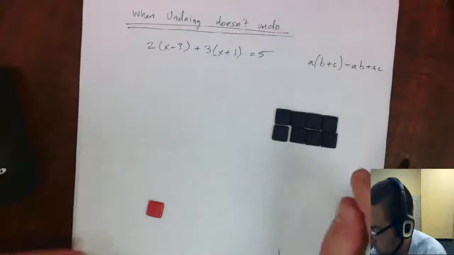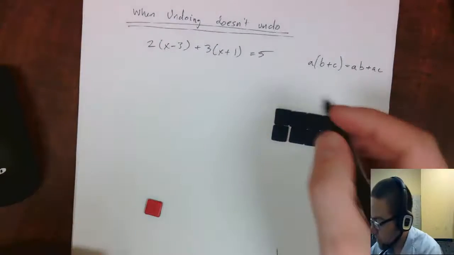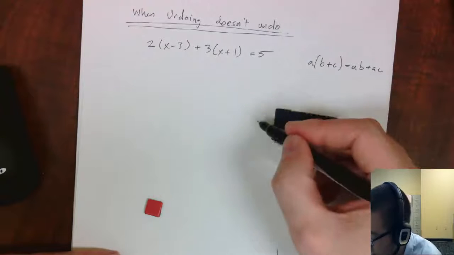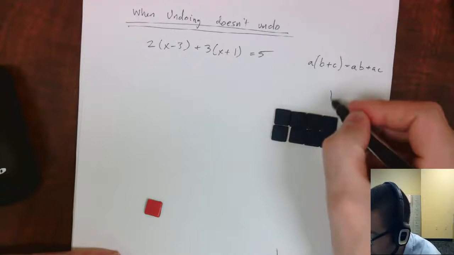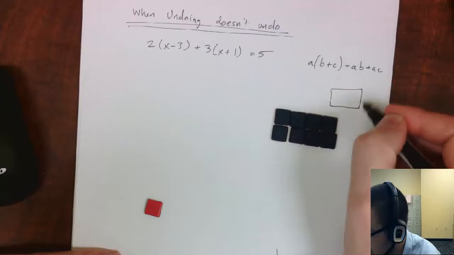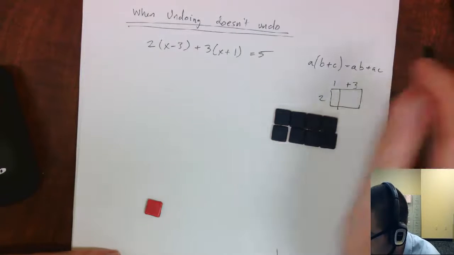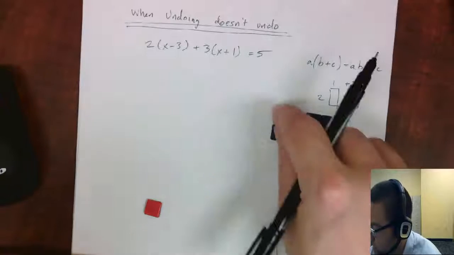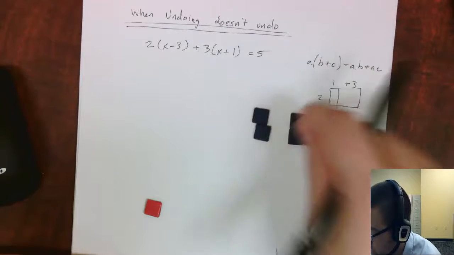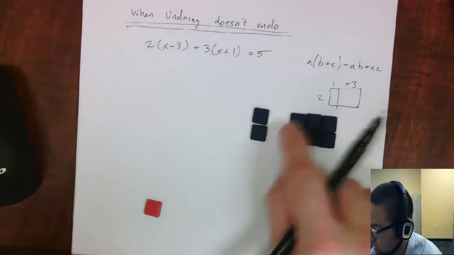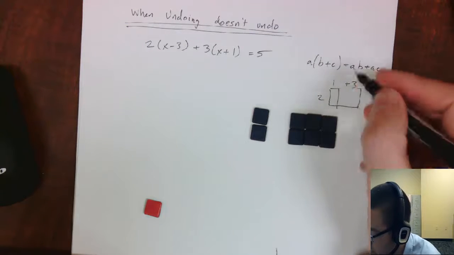okay, here's a quick illustration of using the distributive property. This is 2 times 4, right? But instead of thinking of it as 2 times 4, let's think of it as 2 times 1 plus 3, right? That's the same thing as 4 is 1 plus 3. So 2 times 1 is equal to 2. 2 times 3 is equal to 6.